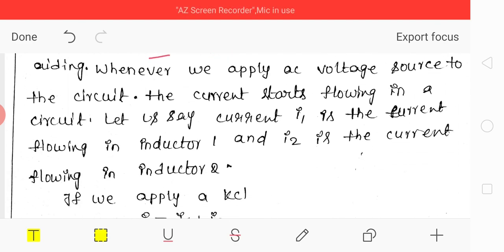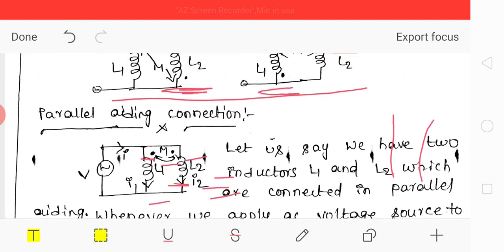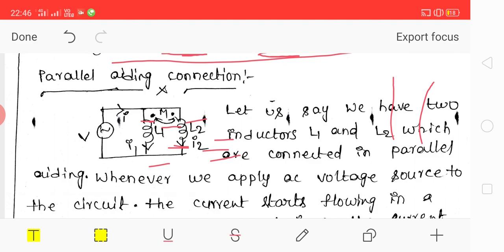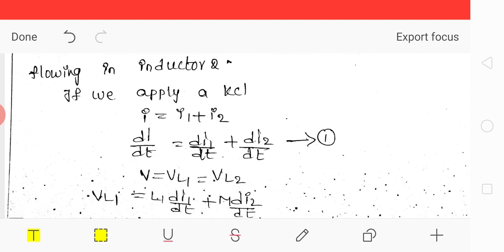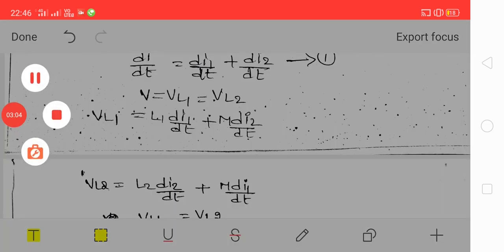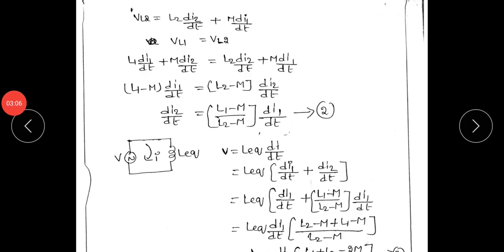Finally we can write VL1 equals L1 into di1 by dt plus M into di2 by dt. Similarly, the voltage across the second coil VL2 equals L2 into di2 by dt plus M into di1 by dt.